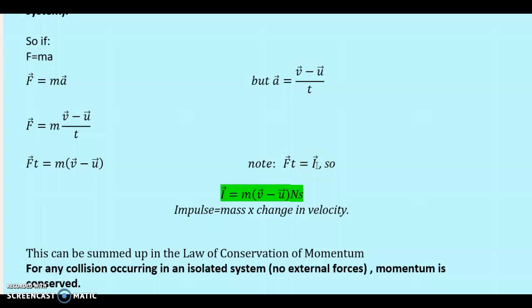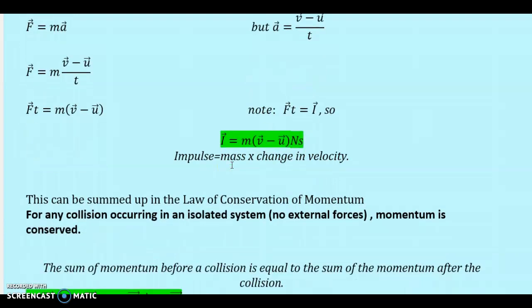Remember, impulse was the change in momentum. So we can say that impulse is equal to mass times the final velocity minus the initial velocity, and the units are newton seconds. So impulse is equal to mass times the change in velocity.